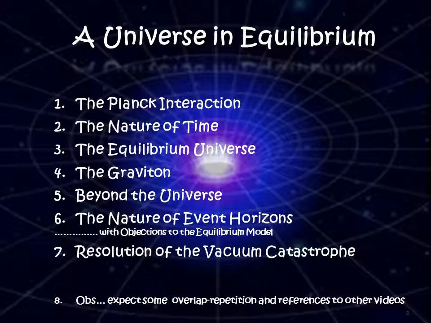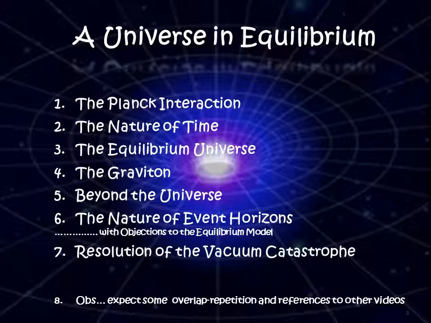In the second, we'll be talking about the nature of time, the equilibrium universe, a model that's developed based on the Schwarzschild and the gravitational electromagnetic equilibrium that exists. That's the source of everything. Then the graviton and many of the properties of the graviton.